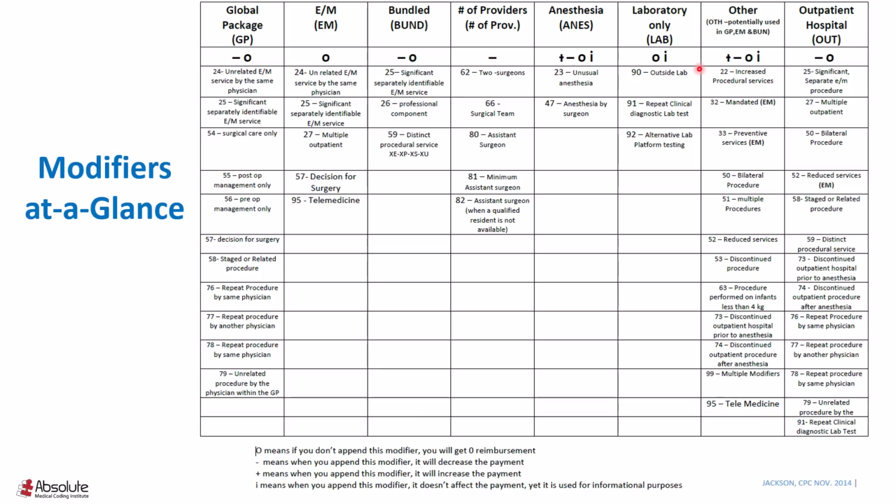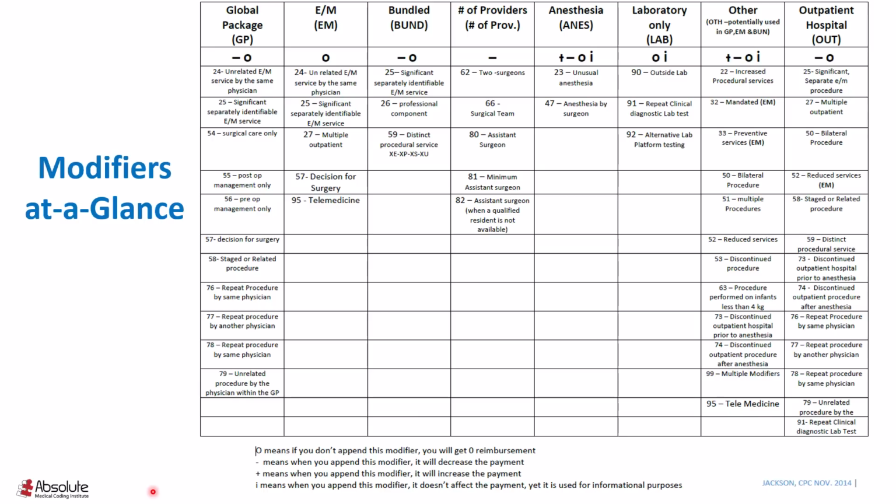All right, coders. I just want to point out that we have a column for global package, evaluation and management, things that are bundled, the number of providers, anesthesia modifiers, lab modifiers, other, where we couldn't put them in a classification, and outpatient hospital. This modifiers at a glance sheet could be helpful to some.